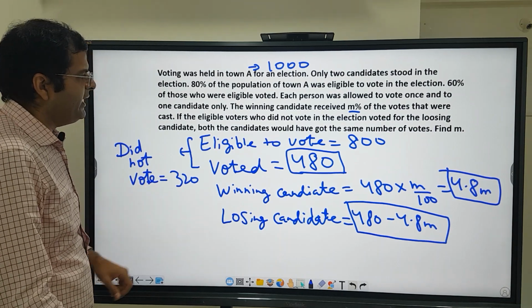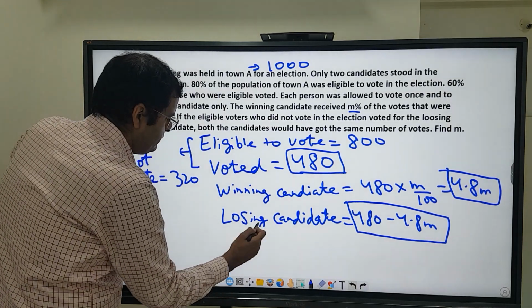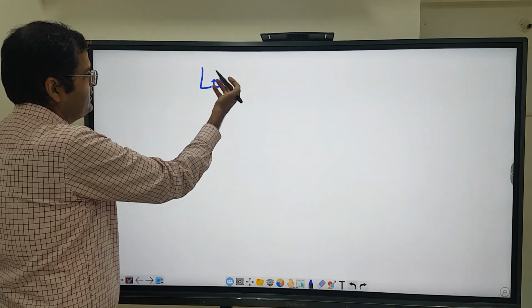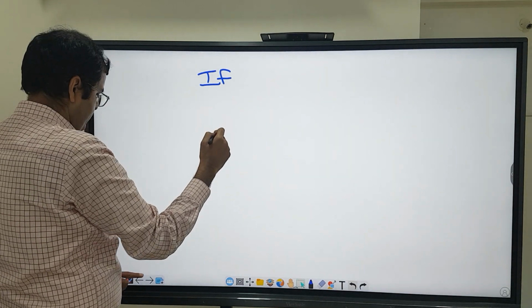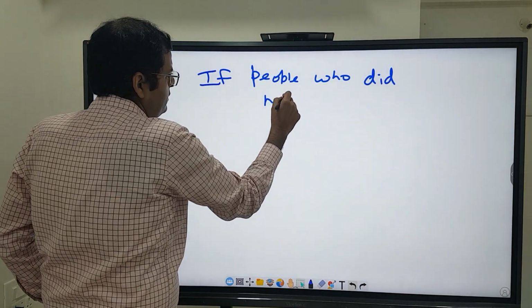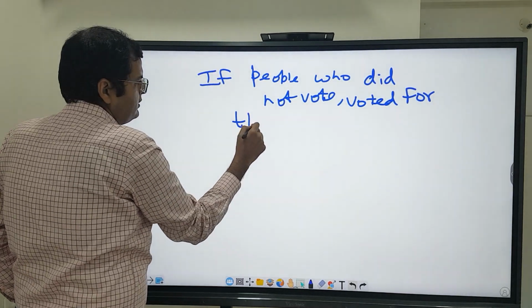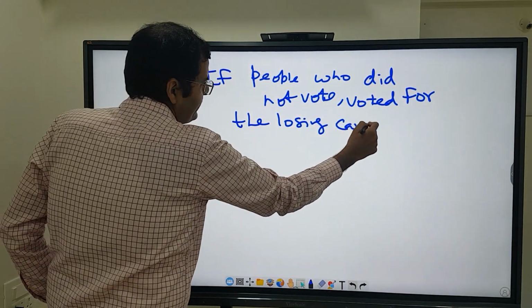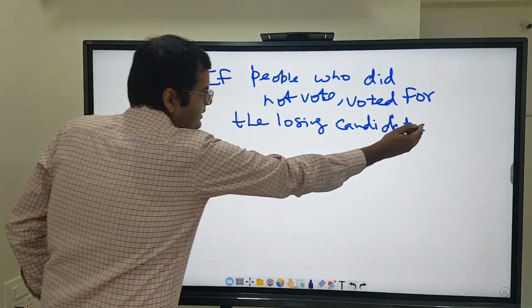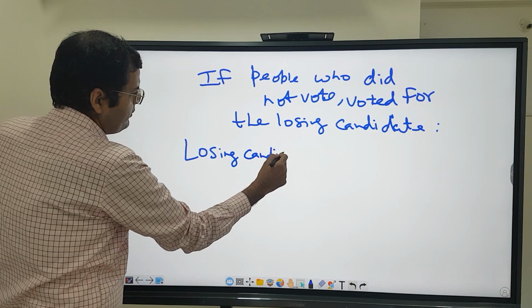So had they voted for the losing candidate, the losing candidate would have got how many votes?